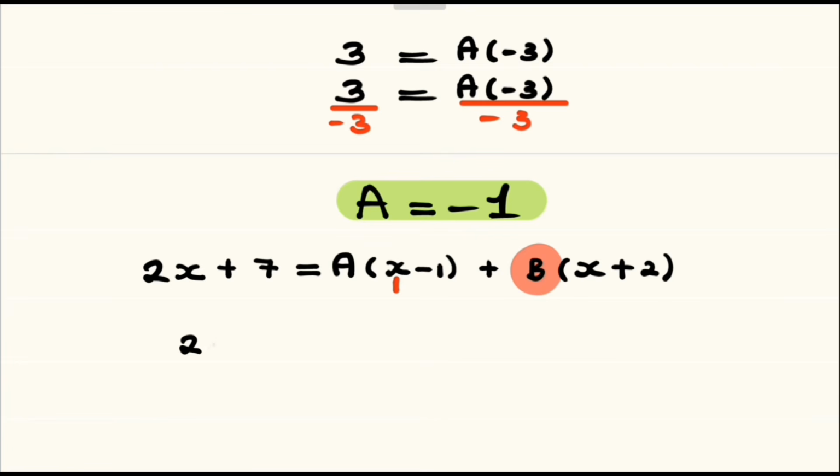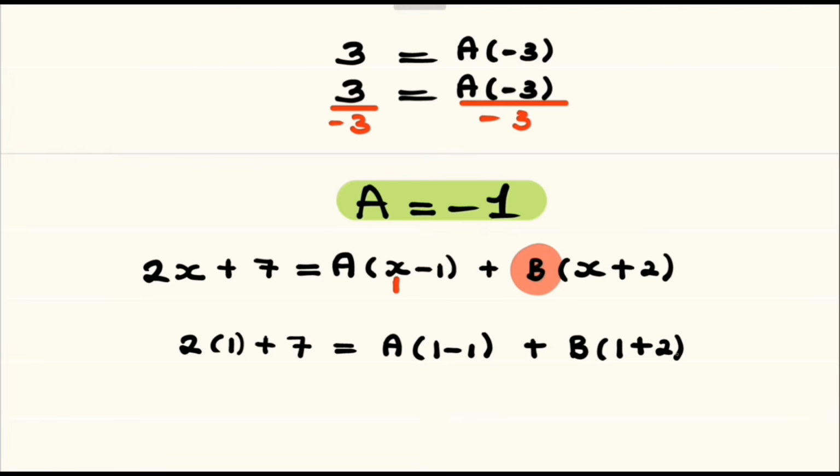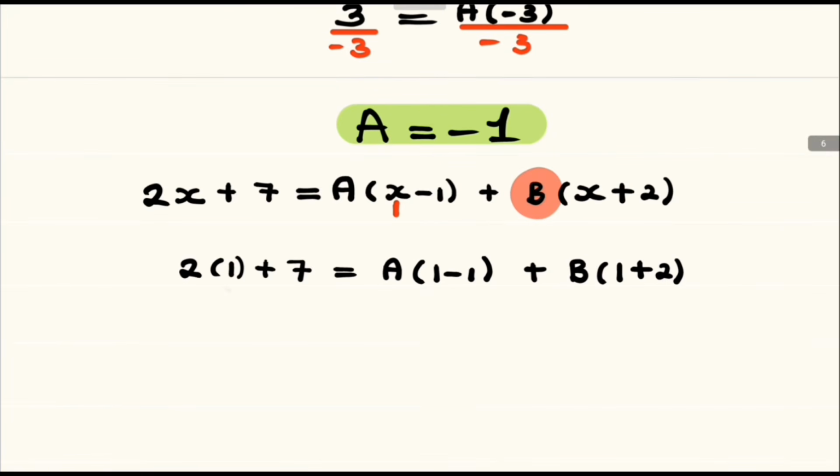Substituting x for 1, we have 2 into 1 plus 7 equal a into 1 in the place of the x minus 1 plus b into 1 in the place of the x plus 2. 2 plus 7 is equal 9 on the left, and 1 minus 1 will be 0, and 0 multiplied by a will be 0, so we can remove this part.